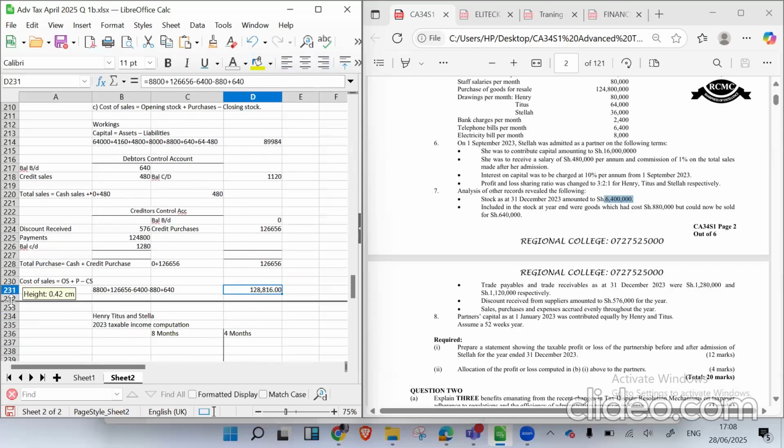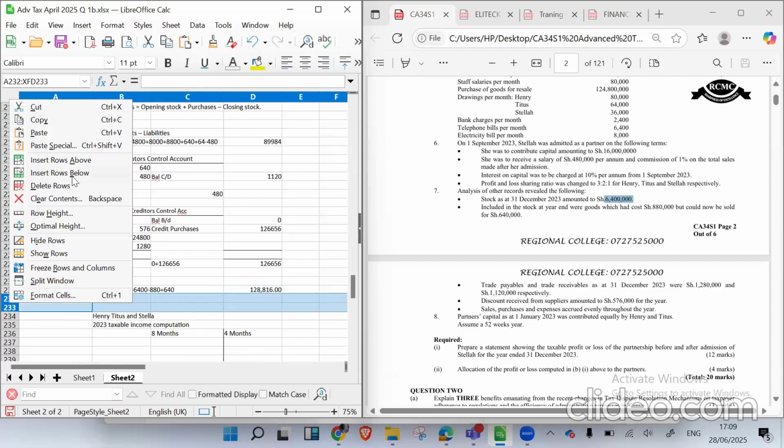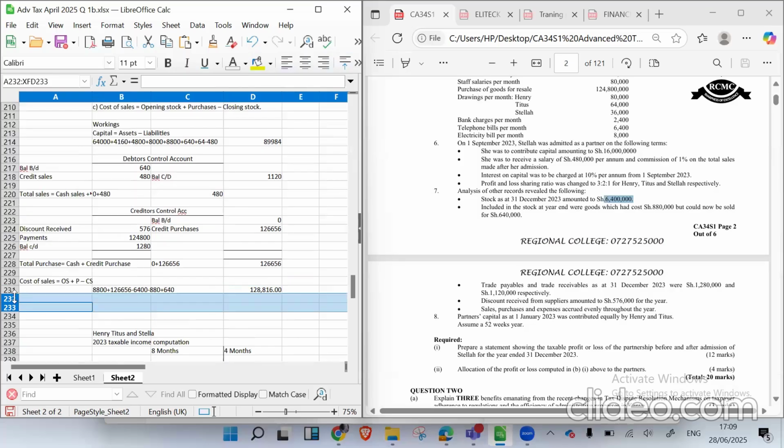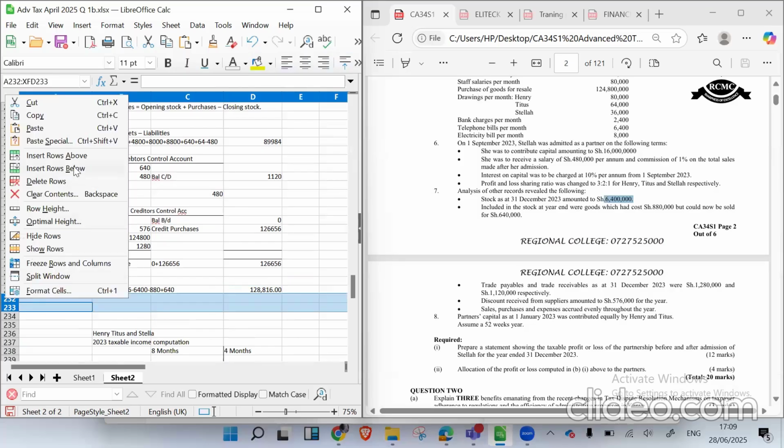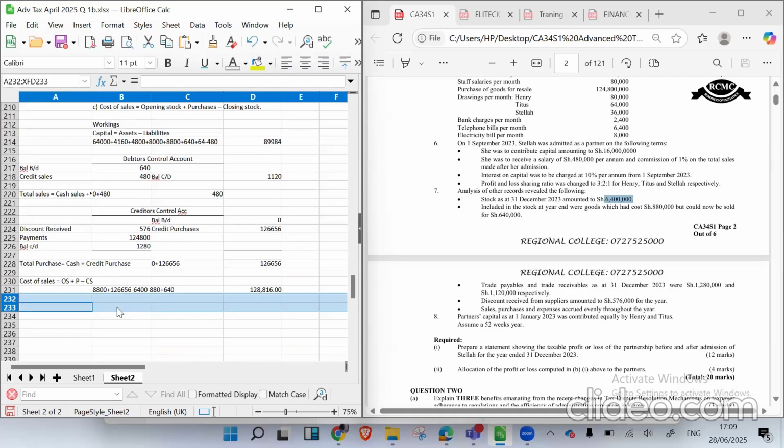So tukishapata cost of sales, actually we can go an extra mile tupate gross profit. And we know that gross profit equals to sales minus cost of sales.